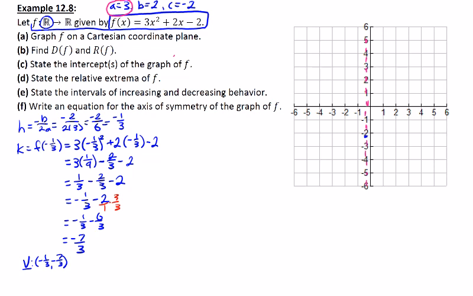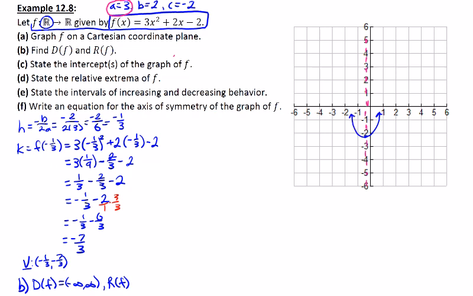The next part, part B, I can actually do part B. Part B is wanting us to state the domain, and the domain for this function is all real numbers. And we can also state the range. Even though we don't have the graph, we should also know that because the a value is positive, the graph is going to open up from the vertex.